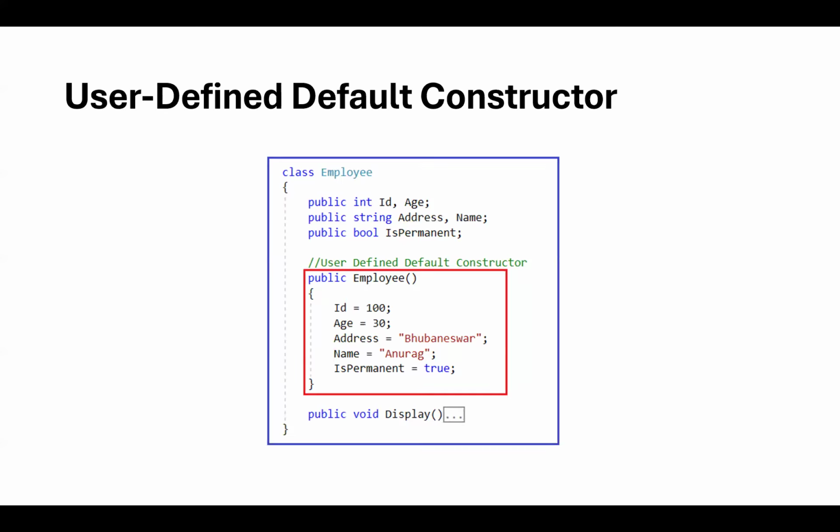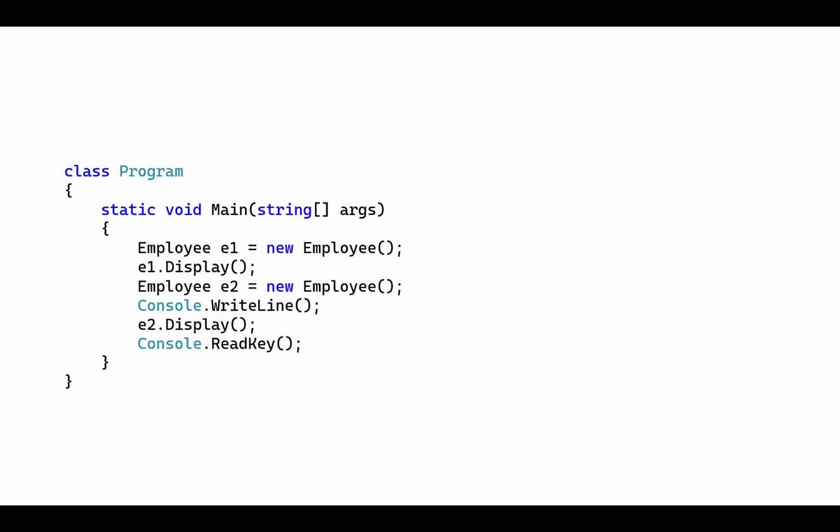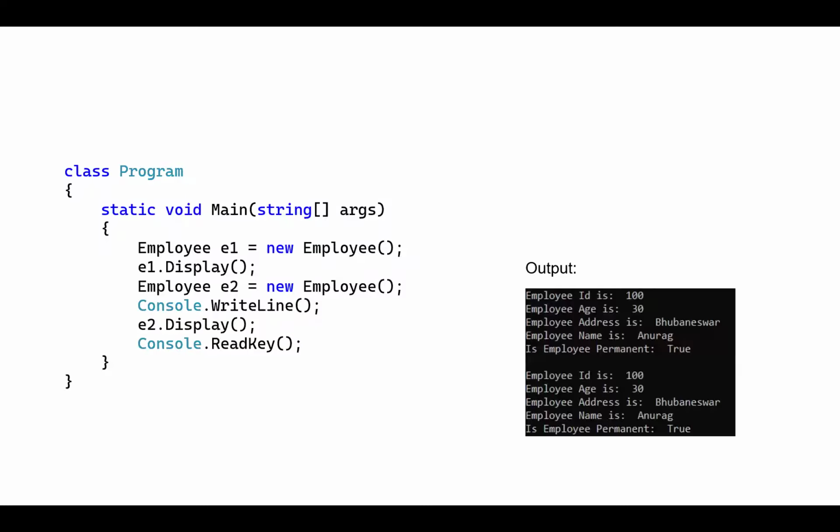I show it to you. For this reason, we call it a default constructor, and this constructor is created by the user, so it is called a user-defined default constructor. So I provide an example for the second instance. Yeah, you can see it.